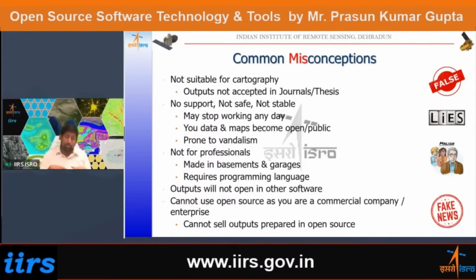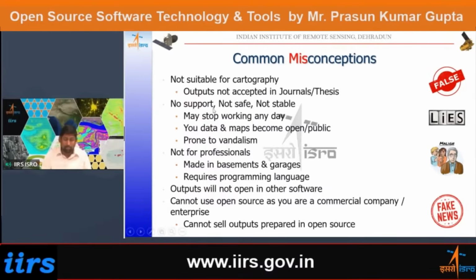This is not true. And I can tell you from my personal experience that all big journals take papers with maps made using open source software, and they happily accept it. This is a completely false claim.